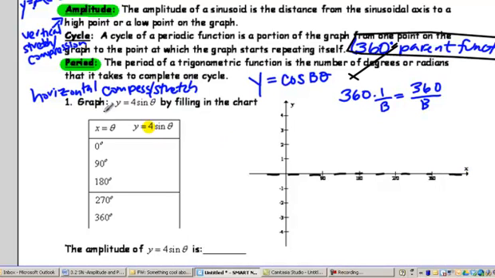Okay, so remember with our trig function today when we were graphing our spaghetti trig, we start at 0, 0, and we're stretching it up to 4.